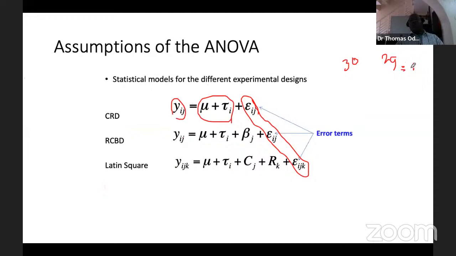So when we are looking at the different assumptions of analysis of variance, we are very much interested in the error term. Why? Because we assume that if the design and treatment components have been removed from your model, the error term is supposed to be noise. A noise should behave in a certain way. If your noise shows a pattern, then there's still something in your noise that needs to be removed.